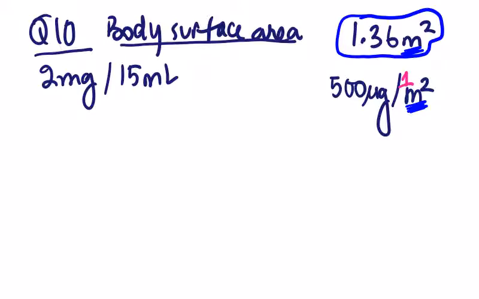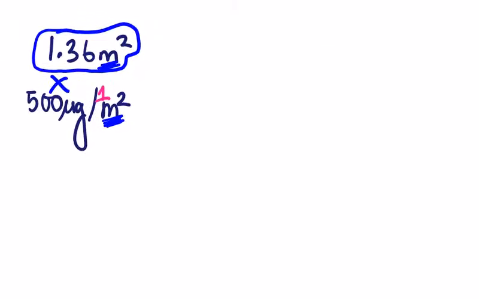In this case, because the person's body surface area is 1.36 meters squared, we can just say, just by inspection, all we need to do is multiply the 500 micrograms by 1.36. So we could even do some work in a box if you wanted.